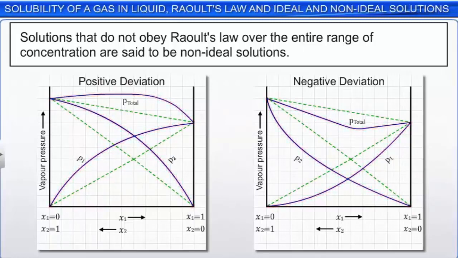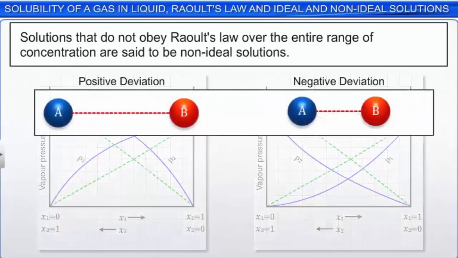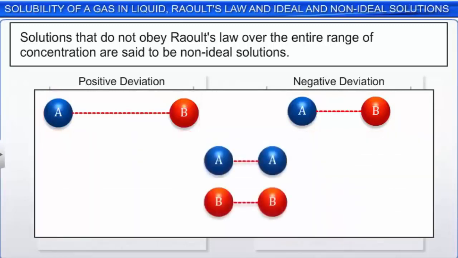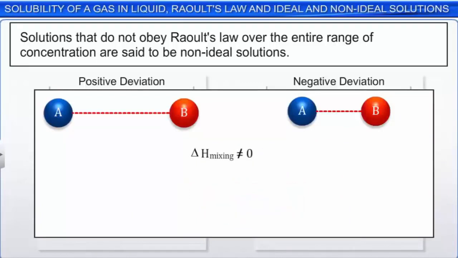The reasons for the deviation are the intermolecular interactions at the molecular level. For a non-ideal solution, the magnitude of A-B interactions is not the same as the magnitude of A-A and B-B interactions. Also, delta H mixing is not equal to 0 and delta V mixing is not equal to 0 for such solutions.